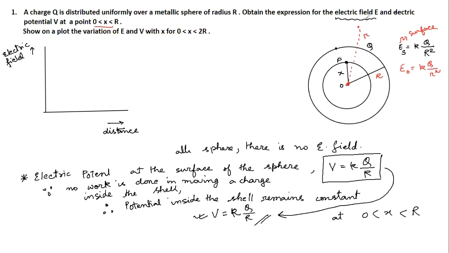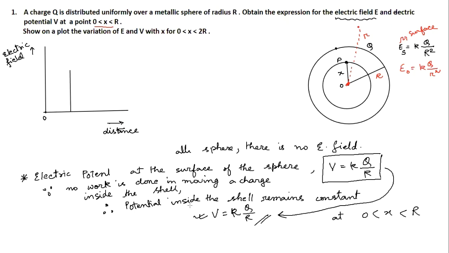So as you move away from the metallic sphere, the electric field value decreases, right? So if I draw a curve, let's say that this is my point O. You don't have any electric field from this center O to this point R. But at the surface you are having an electric field now.